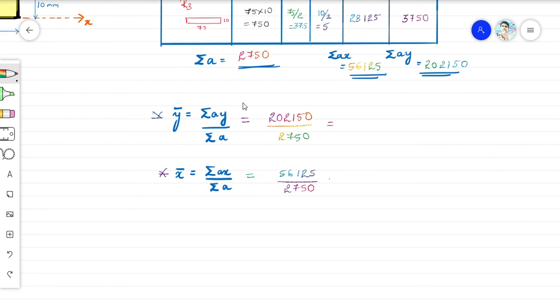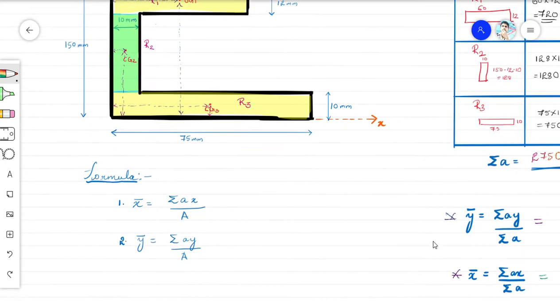So the resultant answer will be 73.5 mm and 20.409 mm. So this is the answer. Okay, this is just a 6 marks question. Generally it used to be a 6 marks question.